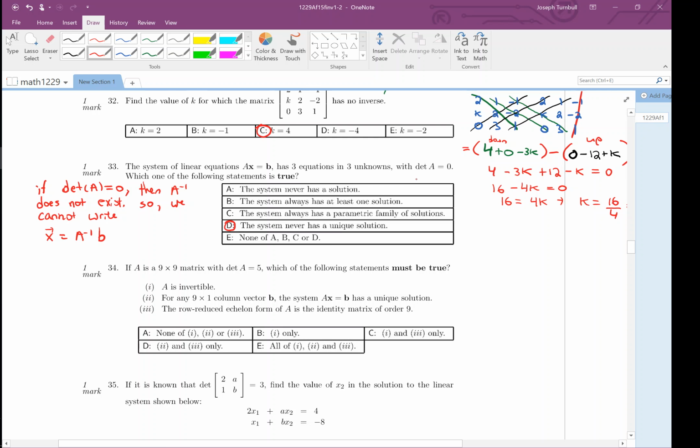Oh, and by the way, the reason I can say that the matrix is square is because it says it has 3 equations and 3 unknowns, so we don't have to worry about anything weird happening. So if it doesn't row reduce to the identity matrix, going back to that idea, then it means that it's missing some leading ones.